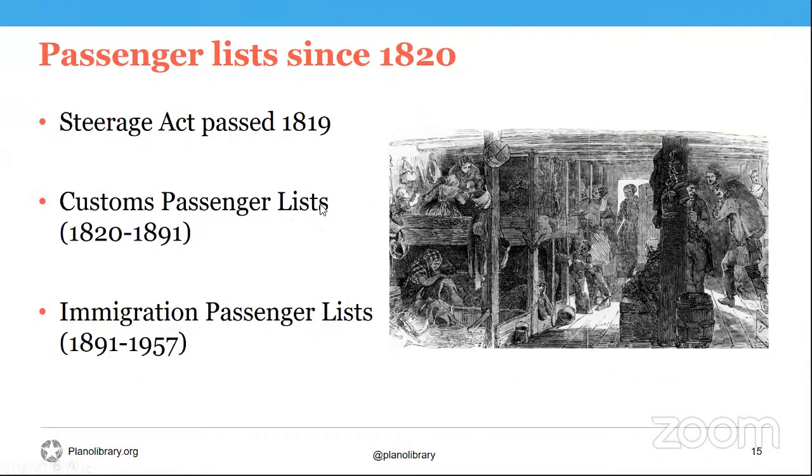So after about 1820, laws started going into effect. And this is when it became a little easier to find records because it became official to create a passenger list. The Steerage Act was passed in 1819, and this was to require captains of vessels to submit a list of passengers.